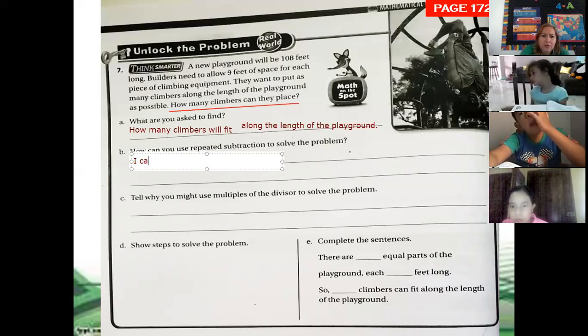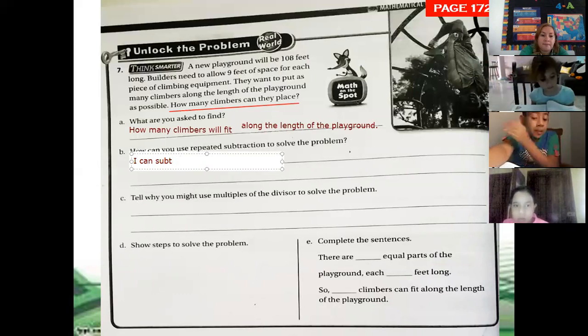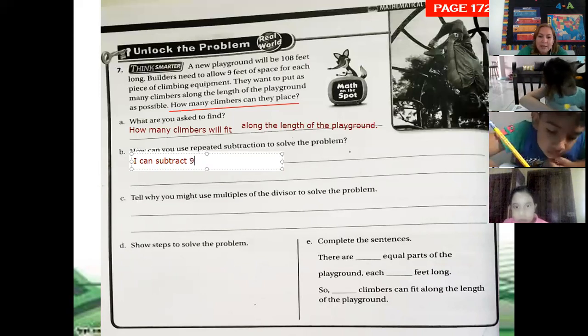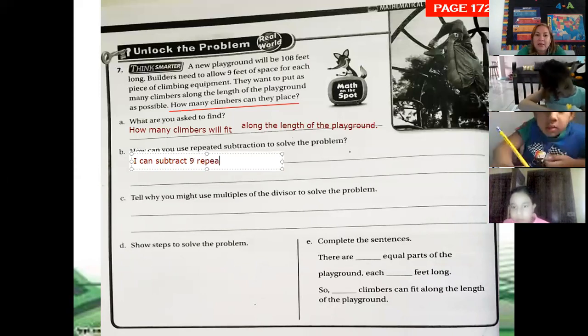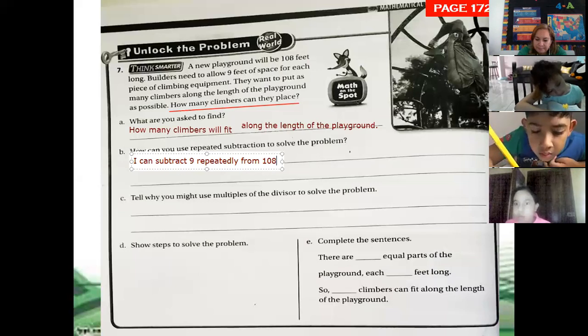So what we're gonna do, I can subtract 9 repeatedly. So this is the action that I will repeat, repeatedly from 108.